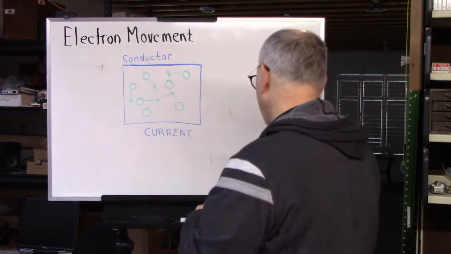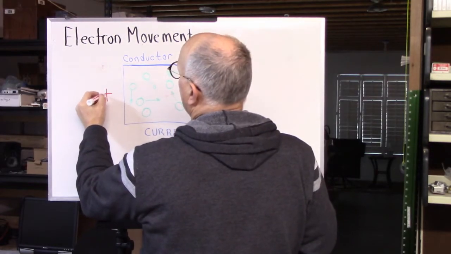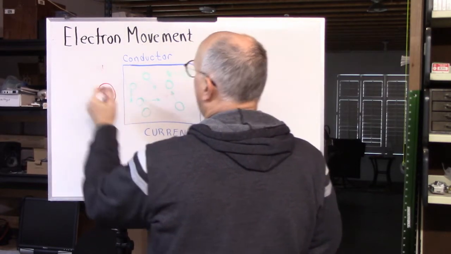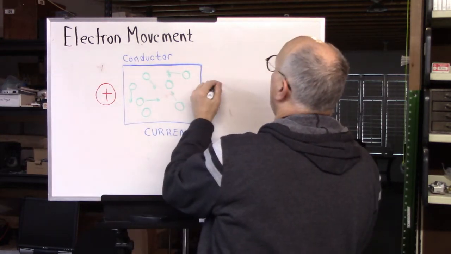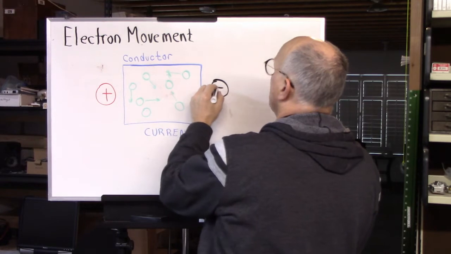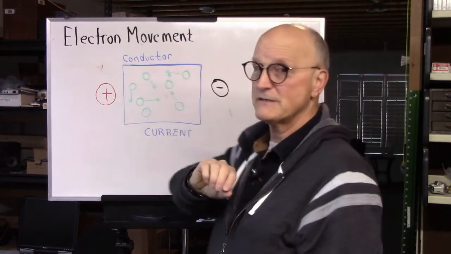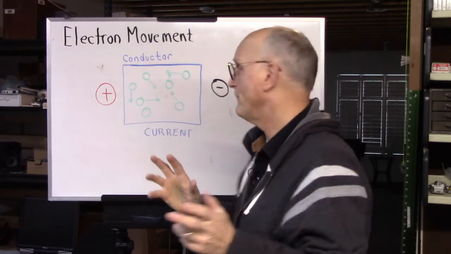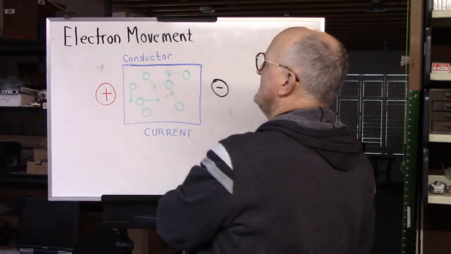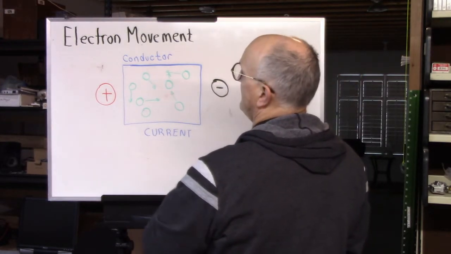So here now we have an electric field because we have now put a positive over here and a negative over here. Now, these electrons in here are still doing their very random kind of movements, but what's happening now? Well, these are all negatively charged in here.